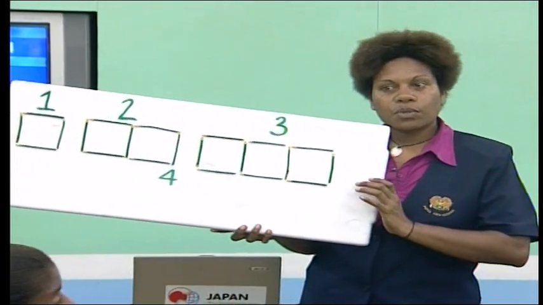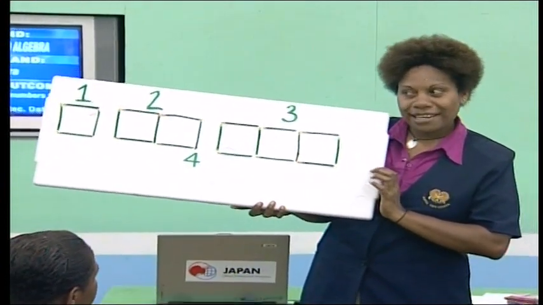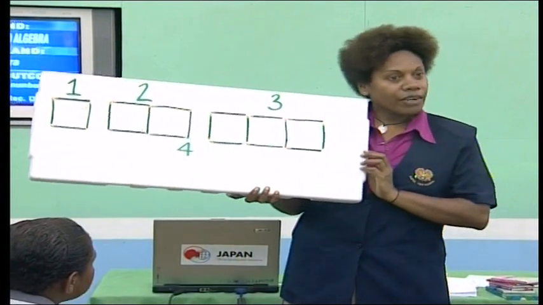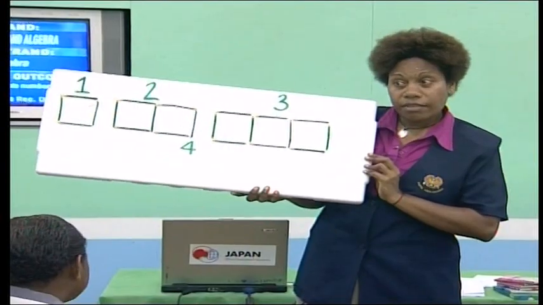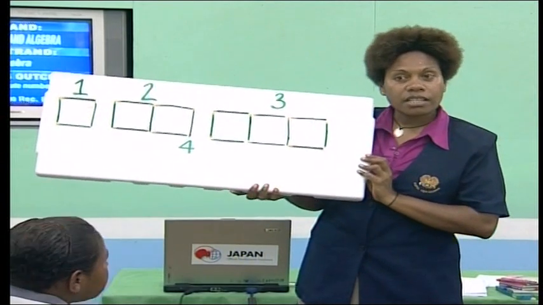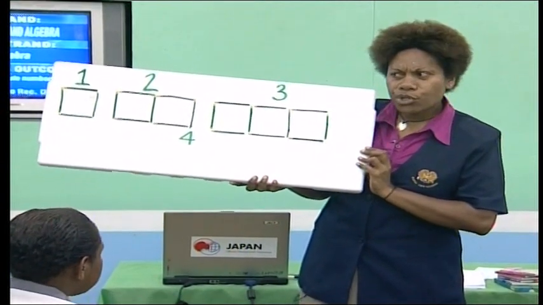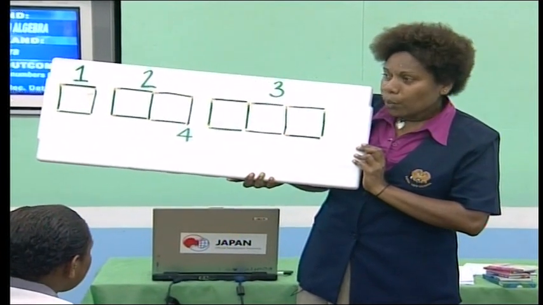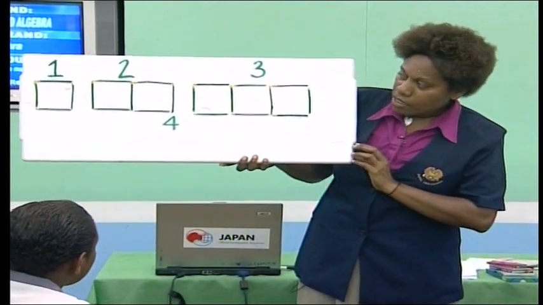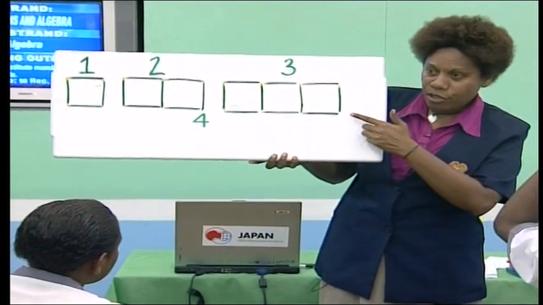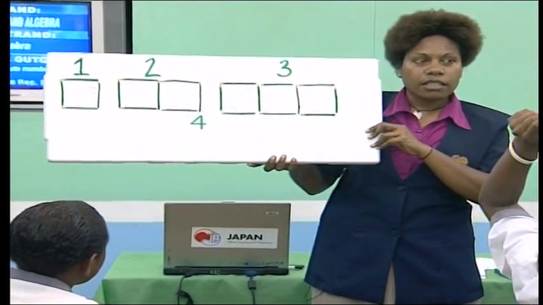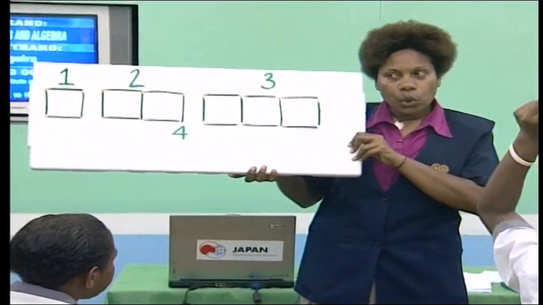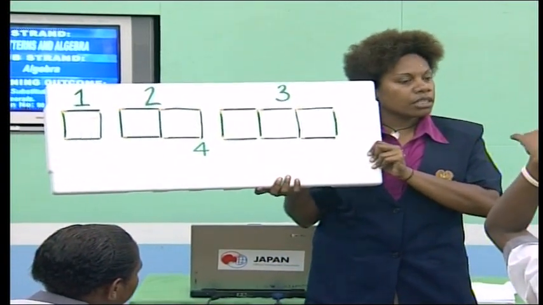Is it correct? You start at 1 and go up by 1 each time. Can you see, is that the rule for this pattern? No. Okay, good try, John.